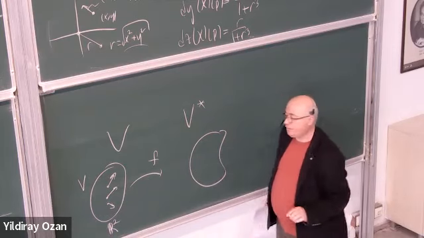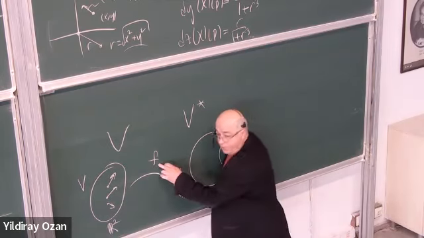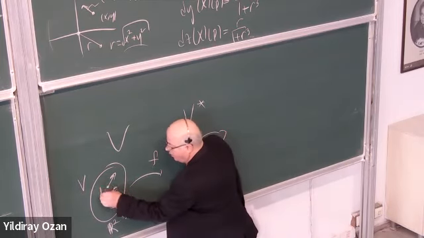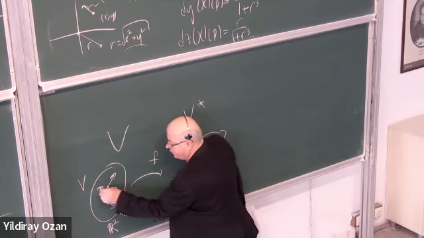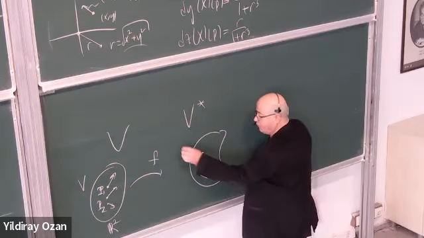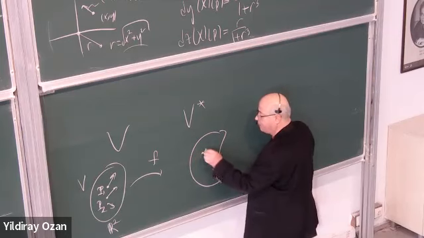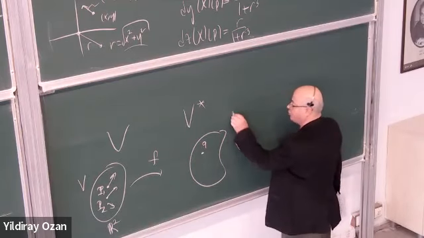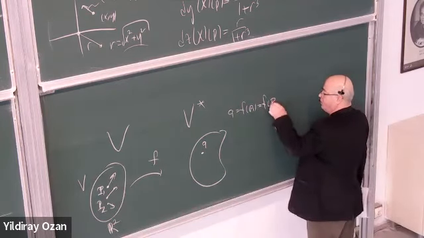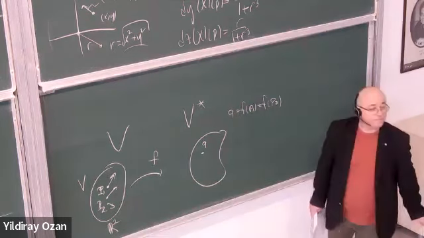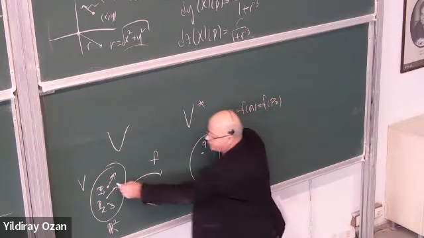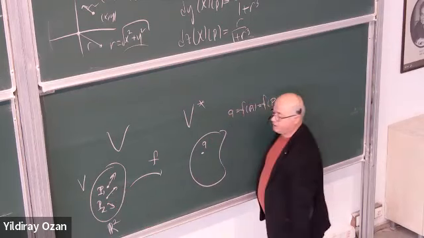The problem is the following. This function doesn't have to be one-to-one. And this means what? At this point, you have a vector. At this point, you have another vector. And both points might be mapped into a point like this. So Q is both f of P1 and f of P2. Well, you have a vector at this point and another vector at this point.